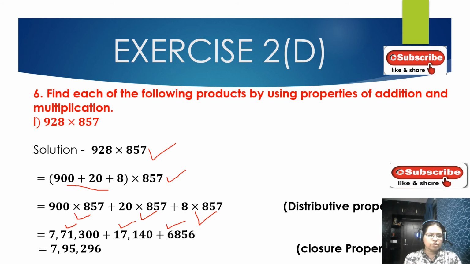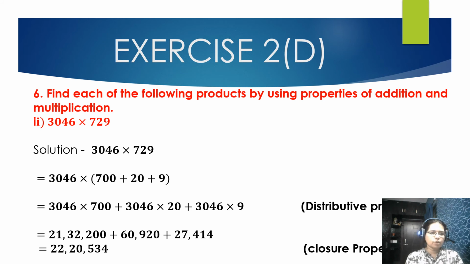We get 7,95,296. So we get 928 multiplied by 857 equal to 7,95,296.